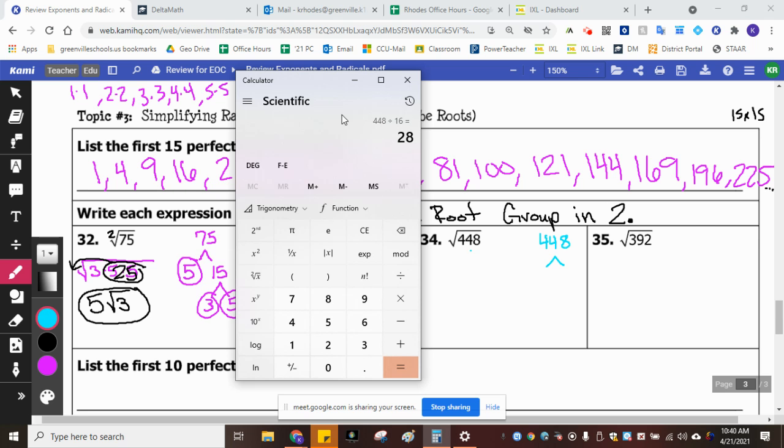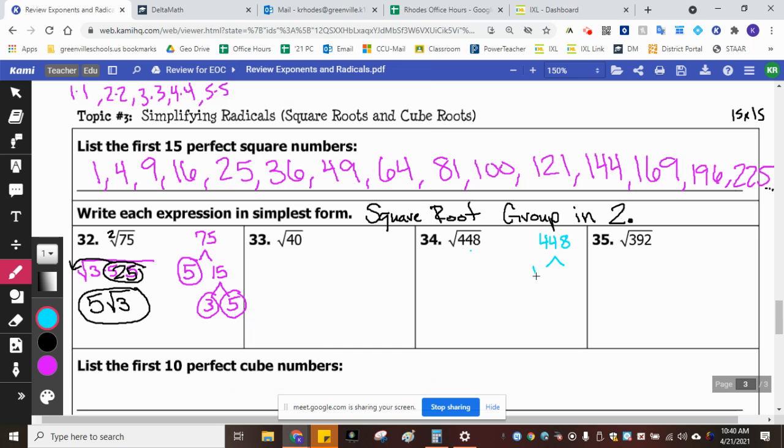Sure, 16 worked. So 16 and 28. Neither of those are prime, so we gotta keep going. What multiplies to 16? 4 and 4, or 2 and 8. Those aren't prime, because what multiplies to get you 4? 2 and 2. Okay, those are prime numbers.